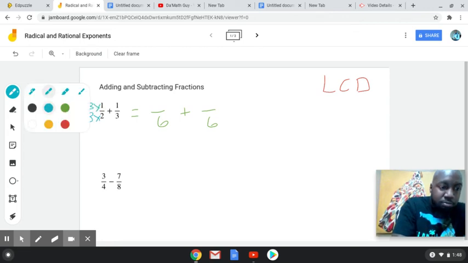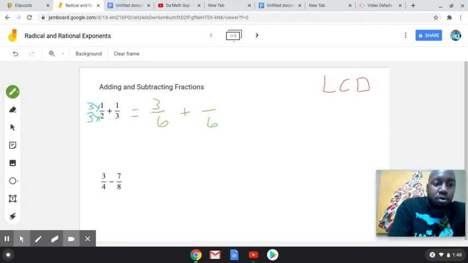So this becomes a 3 right here. What do I multiply the 3 by in order to make it a 6? I multiply that one by 2. And again, whatever I do to the bottom, I must also do to the top. So this becomes 1 times 2 is 2.